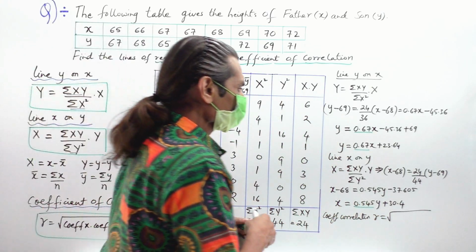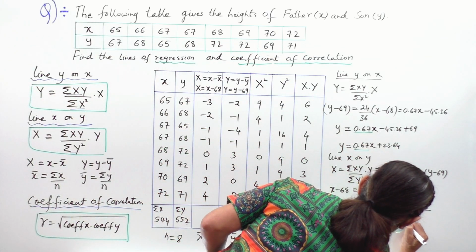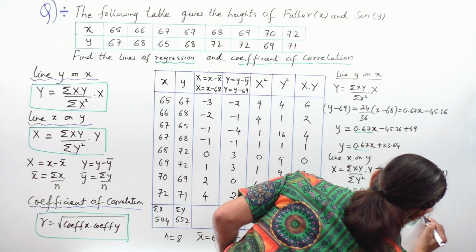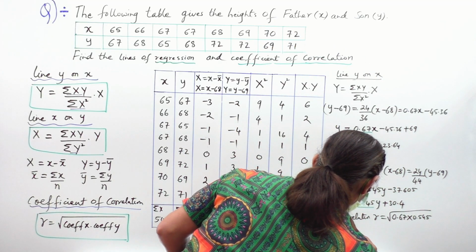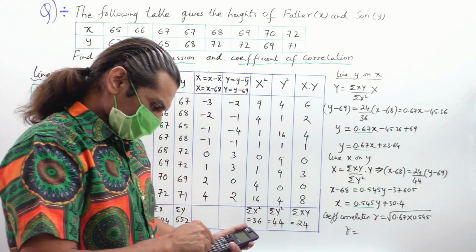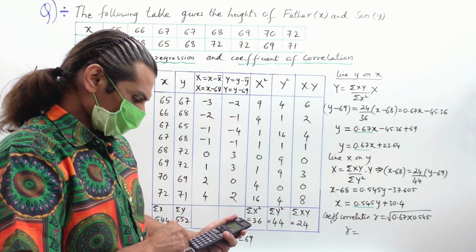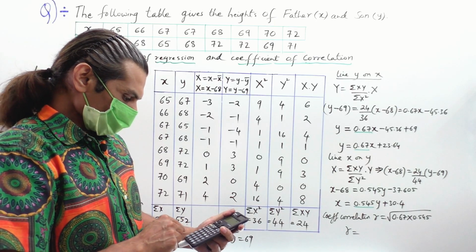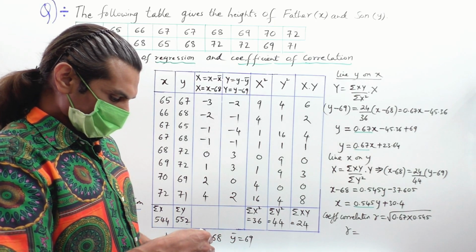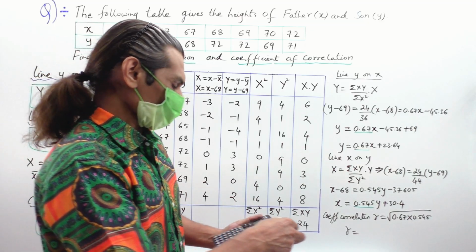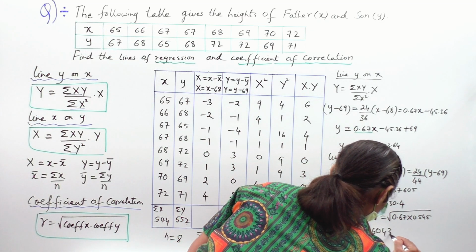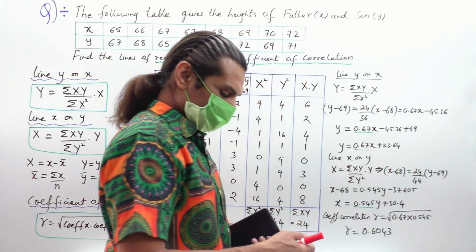So we multiply it, so we have 0.67 into 0.545. So the coefficient of correlation r will be equal to, again using a calculator, root of 0.67 into 0.545. It is 0.6043. That's it. So r is 0.6043. You can verify the answers.